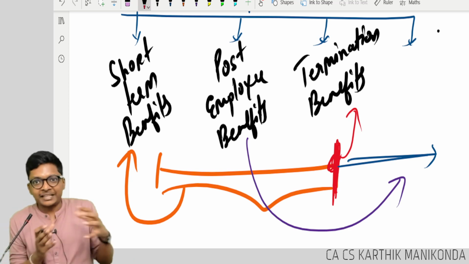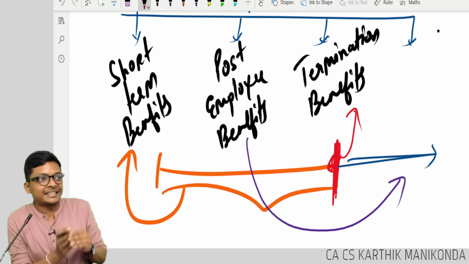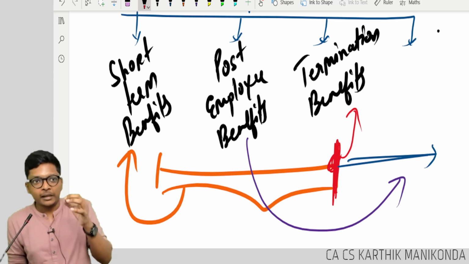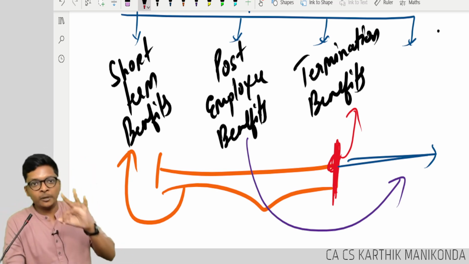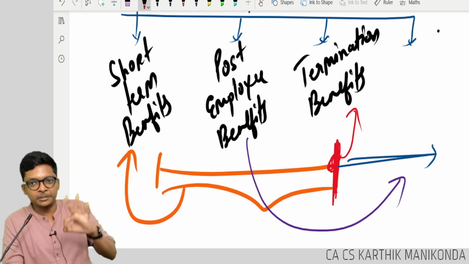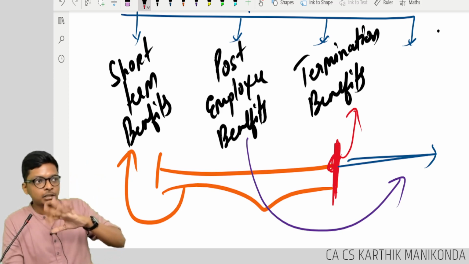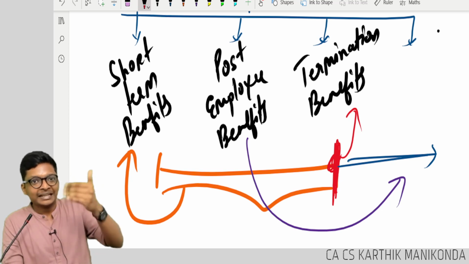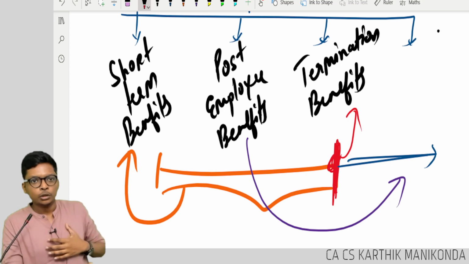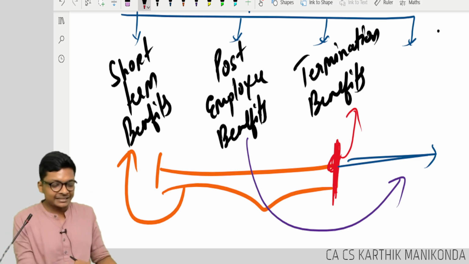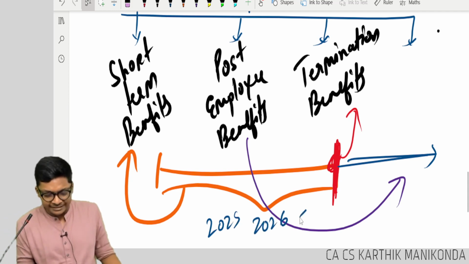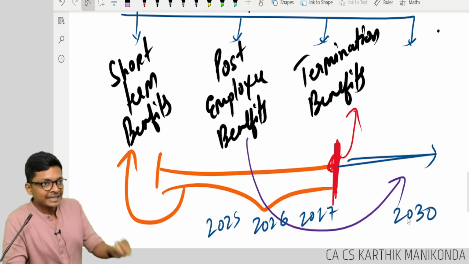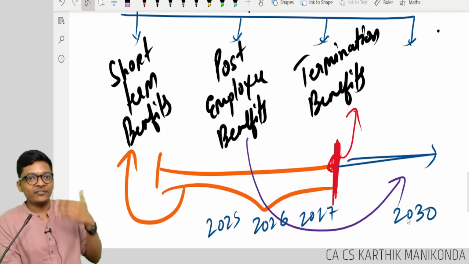Like if you get best performer for any 3 years, random example, after those 3 years get over, after 2 more years, you will get a double bonus. Let's say Radharam is the best employee in 2025, 2026, 2027. They are saying in 2030, he will get 3 times bonus, 5 times bonus.